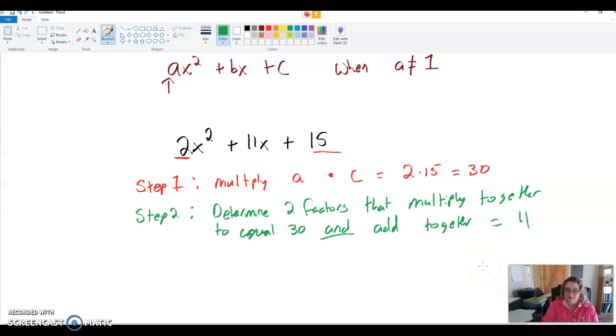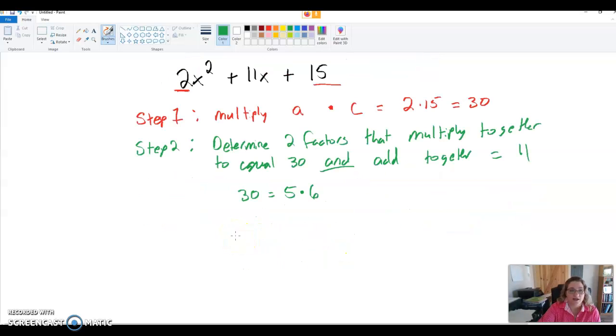Okay, so when we're thinking about factoring 30, if we go through our factors, we know that 30 can be gotten by multiplying 5 times 6. And if I add 5 plus 6, that's going to give me 11. So we're on the right track now.